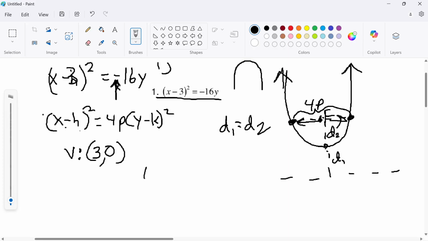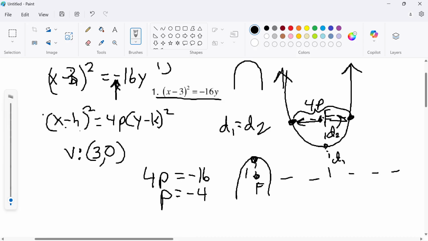Well, 4p equals negative 16, which means p equals negative 4. Negative 16 divided by 4. The focus, and again, this is an upside down parabola, is going to be p away from the vertex. So this is p, and that shows it's indeed an upside down parabola.